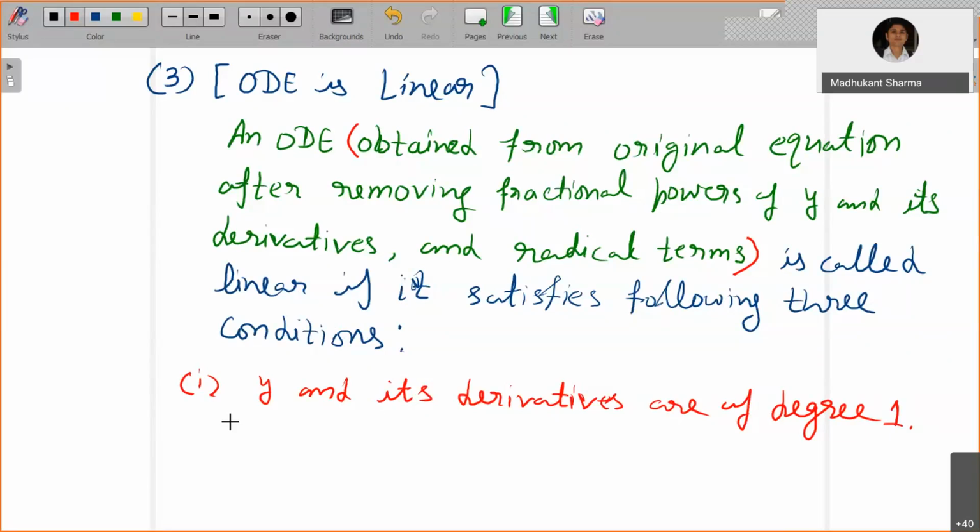Again, y and its derivatives being of degree 1 means we are completely ignoring the coefficient as a function of x. When scanning the equation, you can just put a white mark on the function of x and look carefully only at y and its derivatives.